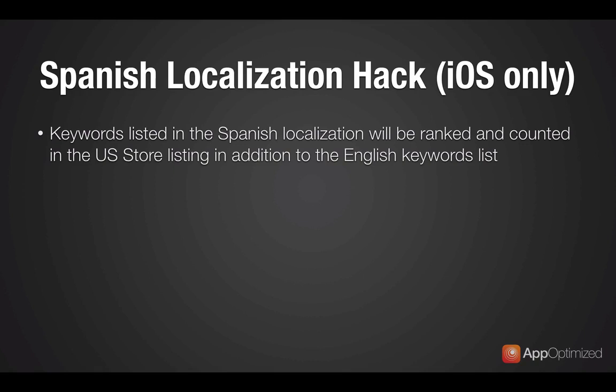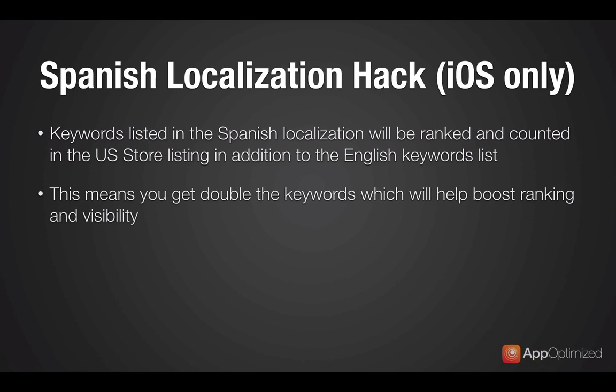But basically, this Spanish localization hack will allow you to get 200 characters instead of 100 characters. So again, this means you get double the keywords, which will help boost your ranking and visibility in the App Store. And it's definitely something you want to do with all your apps.